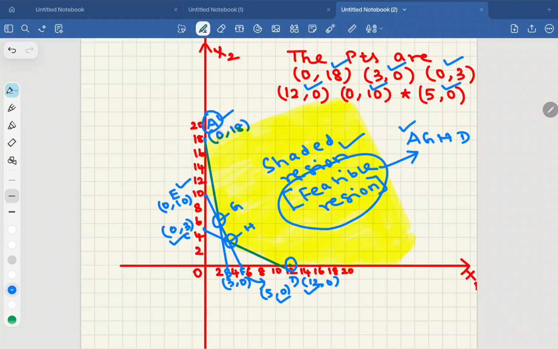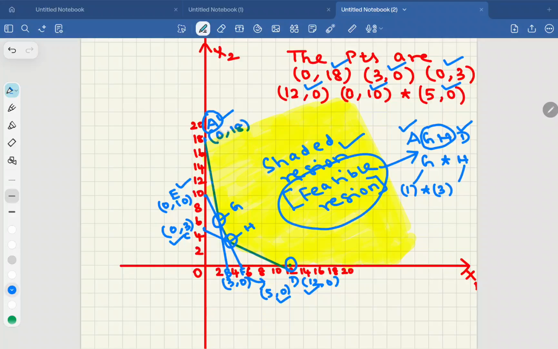We know the points for A and D, but we have to find the points for G and H. For G, the lines intersecting are AB, the first constraint equation, and EF, the third constraint.